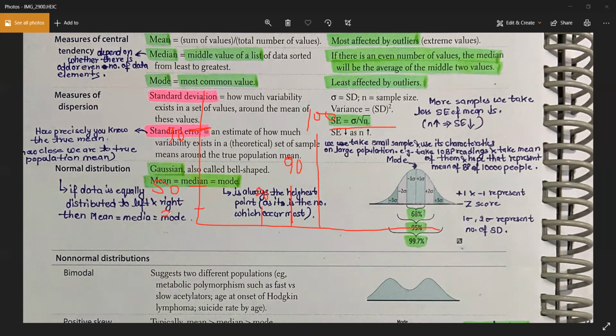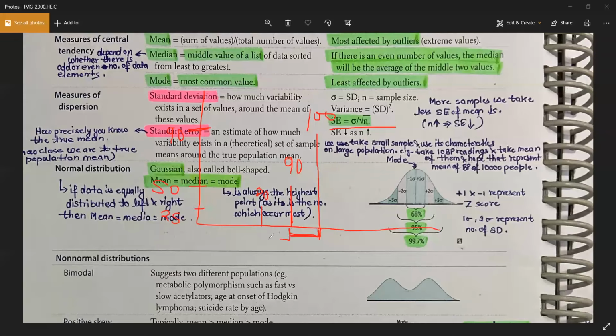So what would be my standard deviation? This would be this 10, the difference in the different values. The difference in the different values is known as the standard deviation.